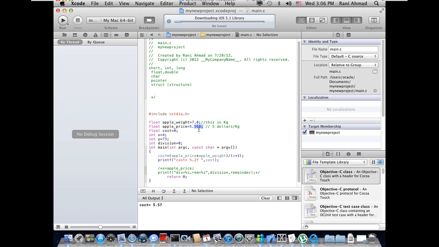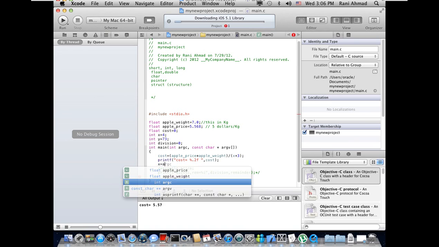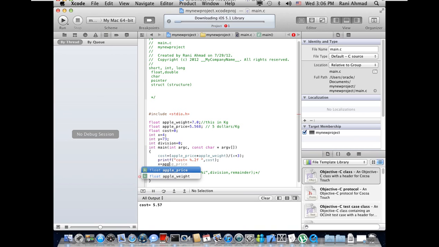Now what if I want to get just the decimal part, the fractional part, of a float number? What should I do? I should first, for example, get x, which is an integer, and then set it to the apple price, because the price has a fractional number.